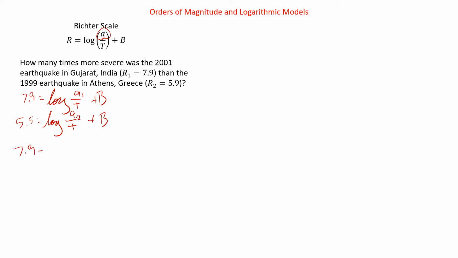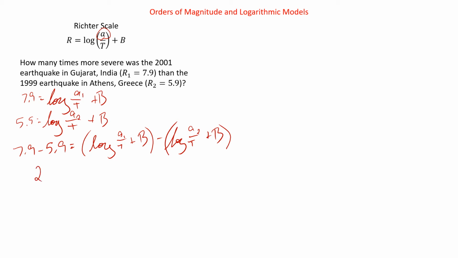7.9 minus 5.9 equals log of A1 over T plus B minus log of A2 over T plus B. We're going to get 2 equals, so we have the log minus the log.